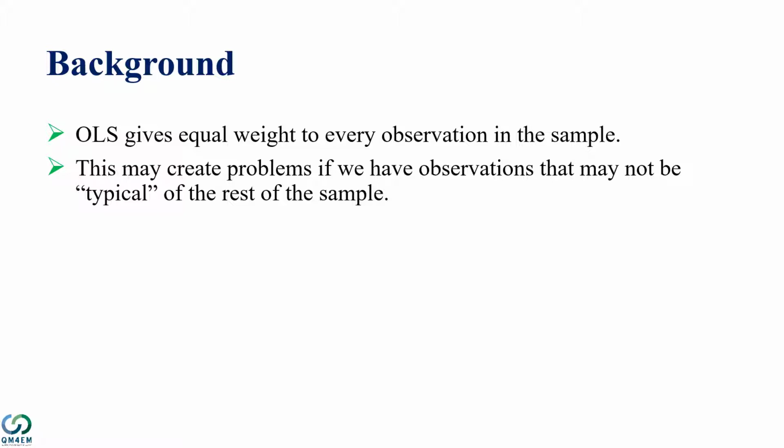So let's say you have 20 observations and all these are within a range of 10 to 20, but suddenly you have one observation that has a value of 1000. Now if you assign equal weight to all these observations, apparently that one observation which has a value of 1000, compared to the rest of the observations that have a range of 10 to 20, will be really something important and will be a problematic observation because it's different than the rest.